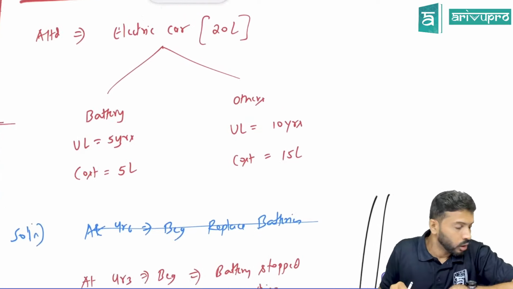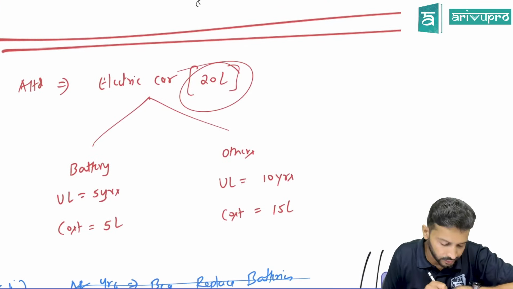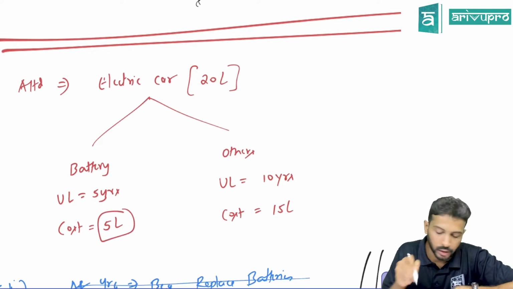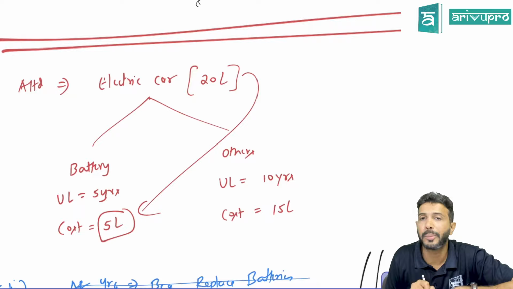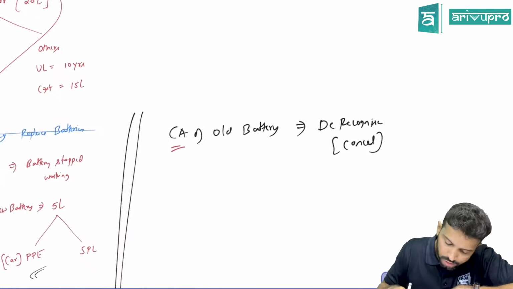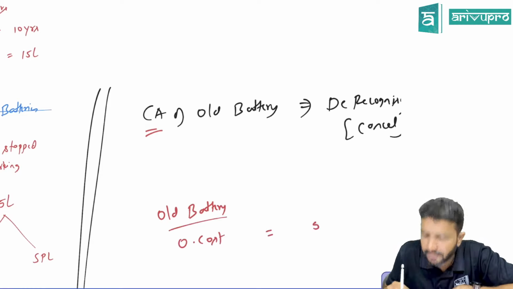Now, how do we find the carrying amount of the old part? When you purchased the car, totally how much did you spend? 20 lakh. Of this 20 lakh, how much related to the battery? 5 lakh. That means the original cost of the old battery was 5 lakh.